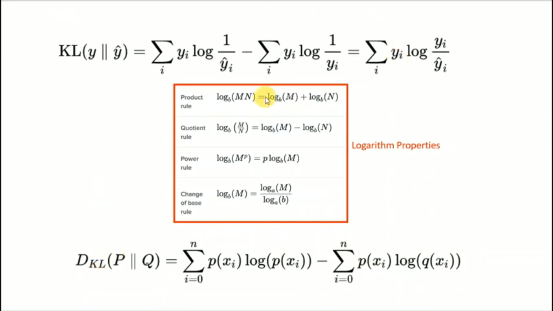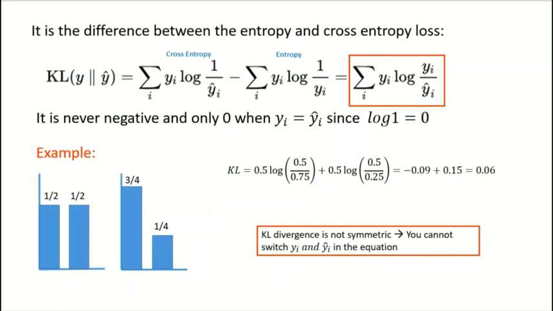That's because of the logarithm properties: log of a fraction, for example log m over n, equals log m minus log n. If you take log 1 over yi, which is your predicted value, and apply this property, you'll get this equation right here. So it's exactly the same thing. It's the difference between the entropy and the cross entropy, or the cross entropy and the entropy.